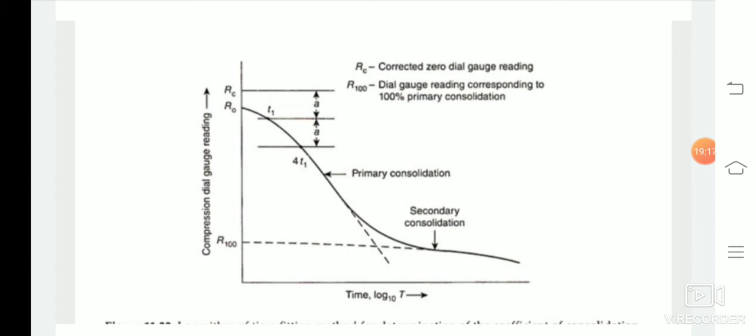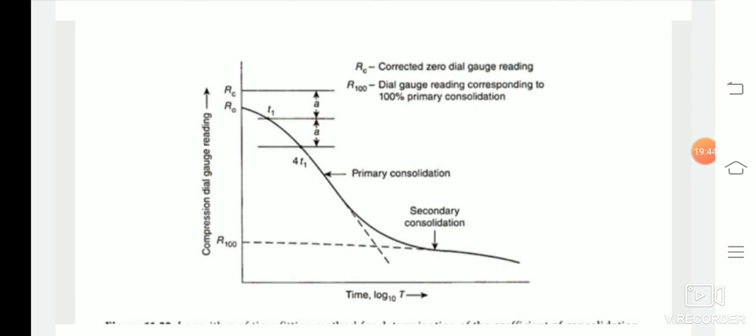The dial gauge reading corresponding to 50% consolidation, that is R50, is obtained from the relation RC minus R50 is equal to half of RC minus R100. The abscissa of the point corresponding to R50 on the consolidation curve gives the time corresponding to 50% consolidation.